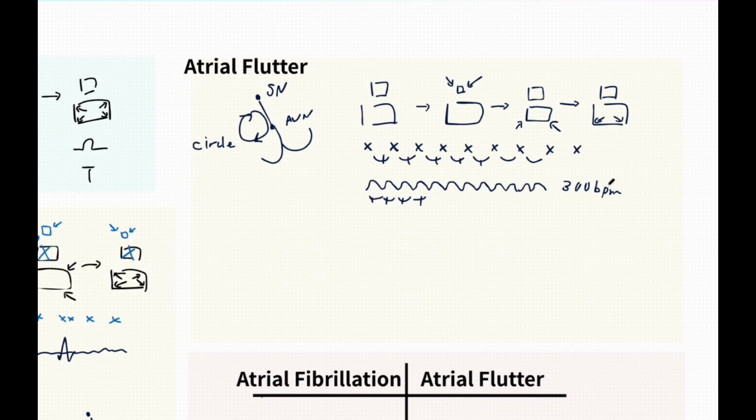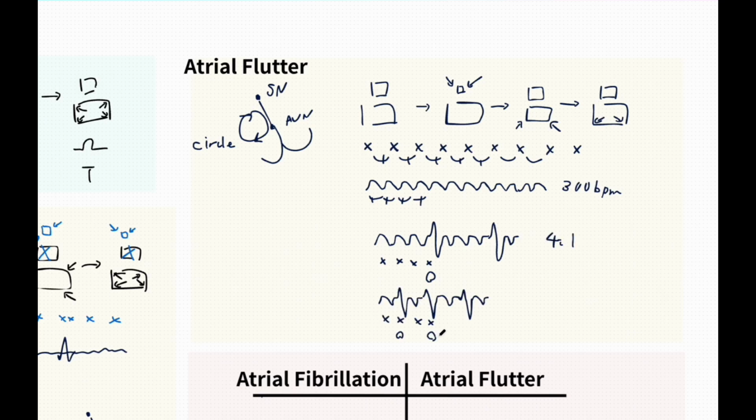We often describe atrial flutter using conduction ratio. For example, 4 P waves for 1 QRS is called 4-to-1 flutter, and 2 P waves for 1 QRS is called 2-to-1 flutter. Because ventricular contraction can be fast, atrial flutter may cause tachycardia, syncope, or hemodynamic instability.